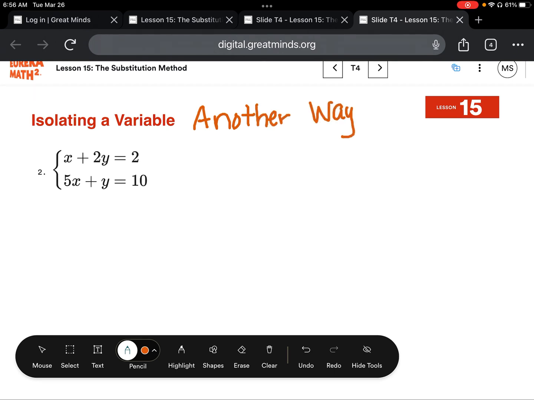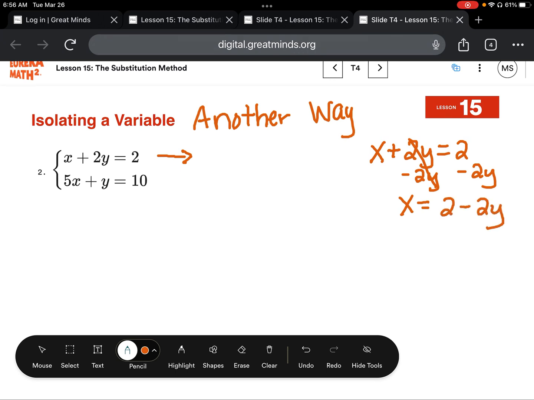So after I started doing the problem, I thought, it could have probably been easier to just turn this equation into solving for x by subtracting 2y. That would have left me with x equals 2 minus 2y.